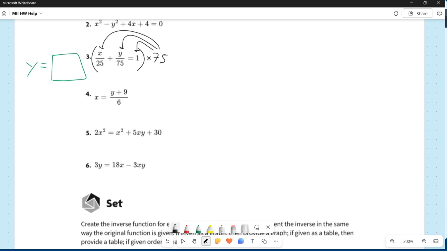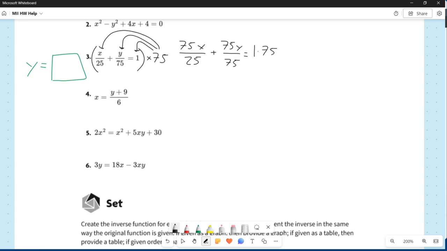So 75 times x over 25 becomes 75x over 25, plus 75y over 75. And on the right-hand side, it's just 1 times 75.